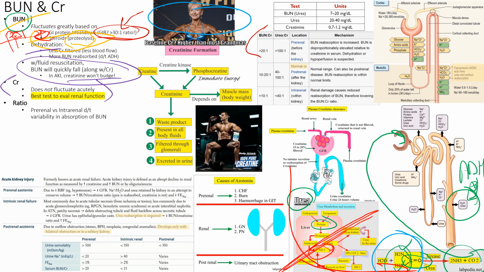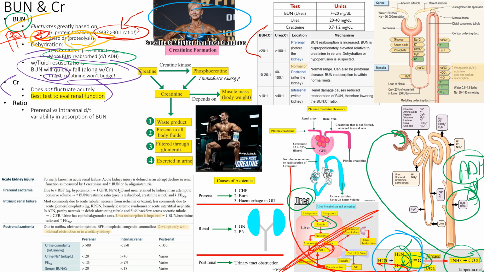But if you give fluids and the next day the creatinine is still 4.2, you have an AKI on your hands. That means dehydration or whatever else has precipitated to the point where it caused an acute kidney injury.